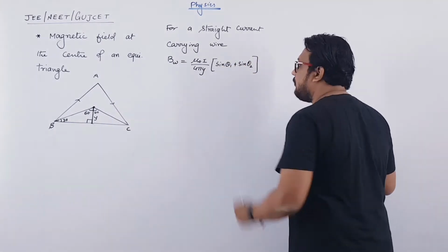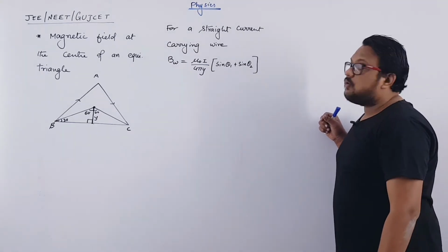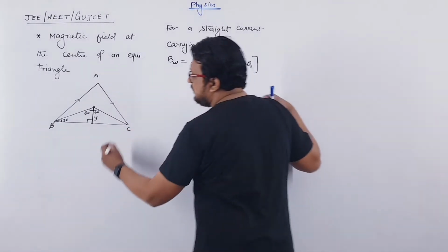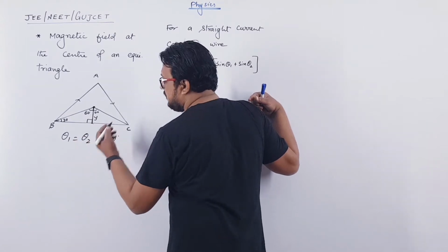This is the standard formula which we have derived. Mu naught I over 4 pi y, sine theta 1 plus sine theta 2. So here from this figure you can say that theta 1 is equal to theta 2, and that is equal to 60 degrees. That is fine, right?